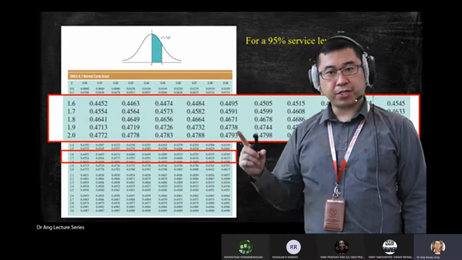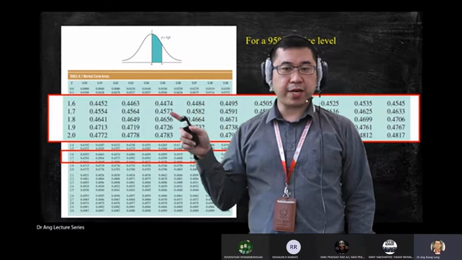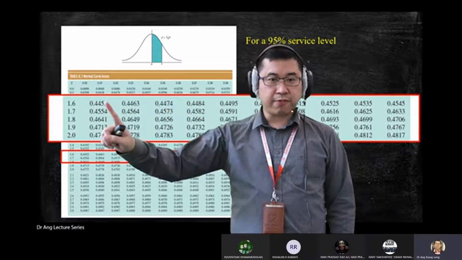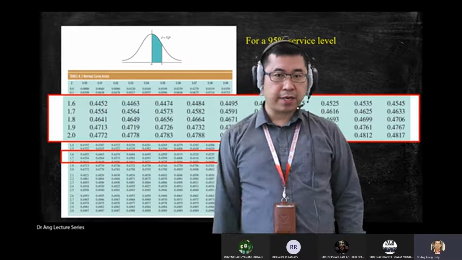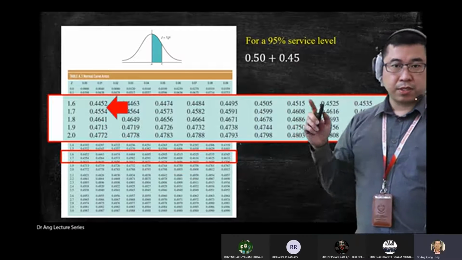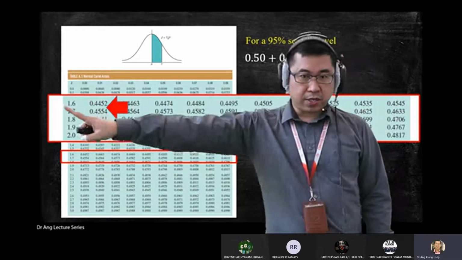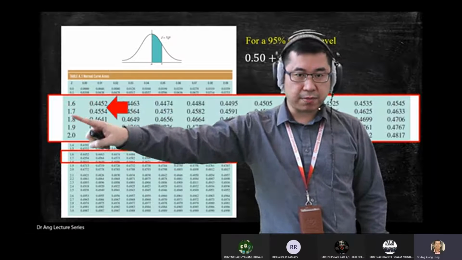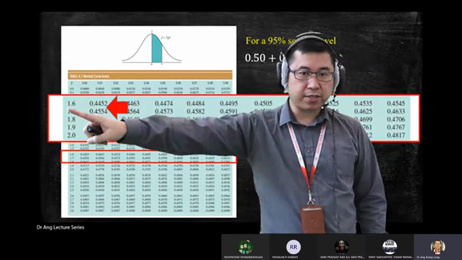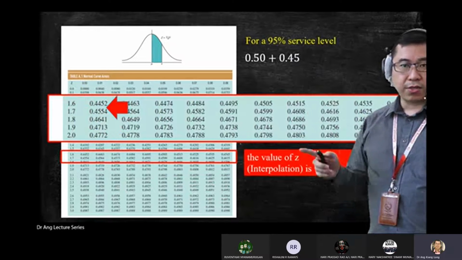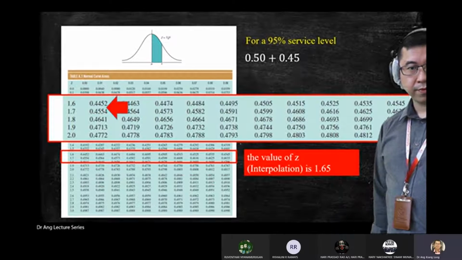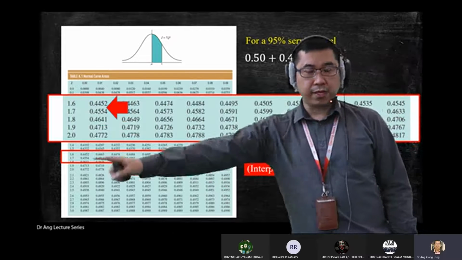How to do interpolation falls under mathematics 1, or even your secondary school government exam. This column is your Z value, and you need to find it. So your Z value, after interpolation, is 1.65.